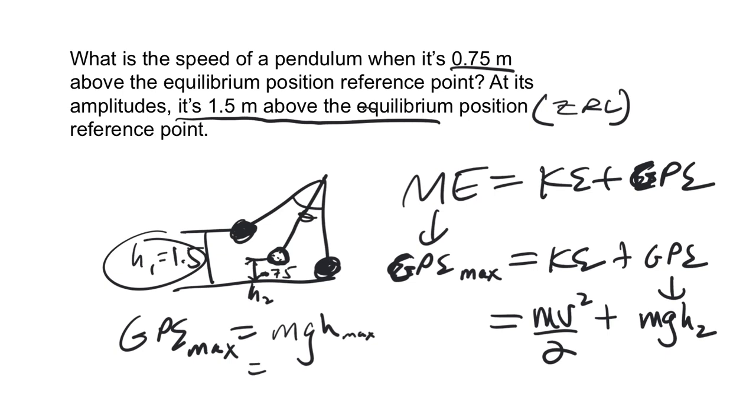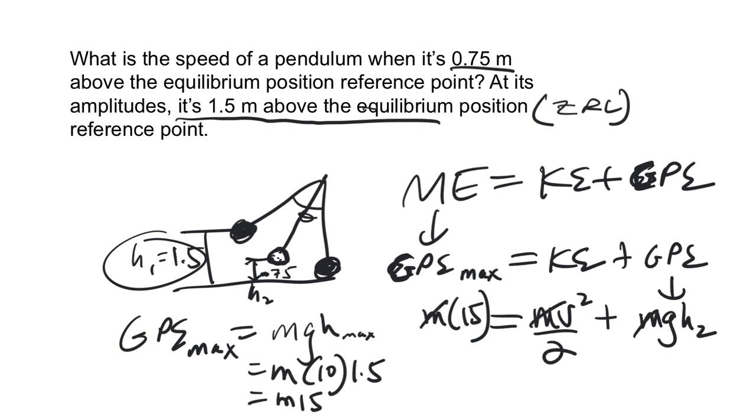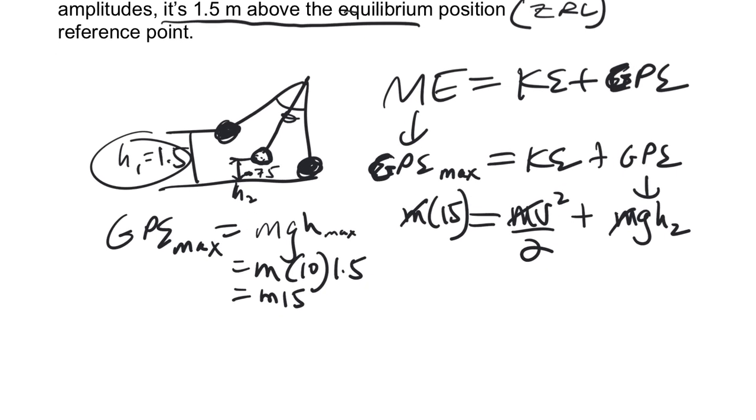I don't have m, but the m's are going to cancel out anyway. So m times 10, that's what g is, times 1.5. So this equals 15 times m. Now you see m in every term of the equation, so you can cancel it out.